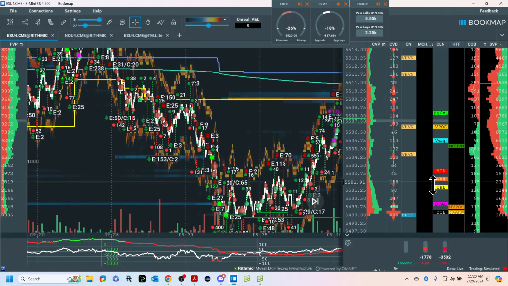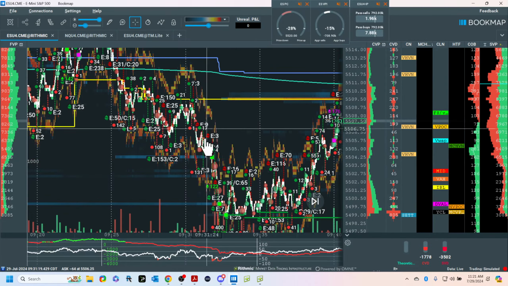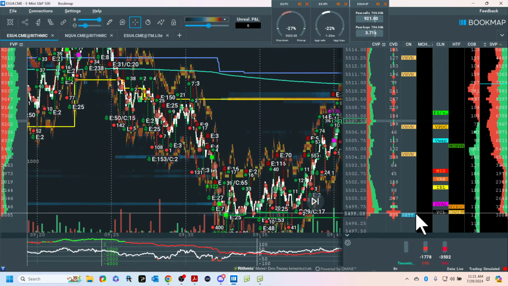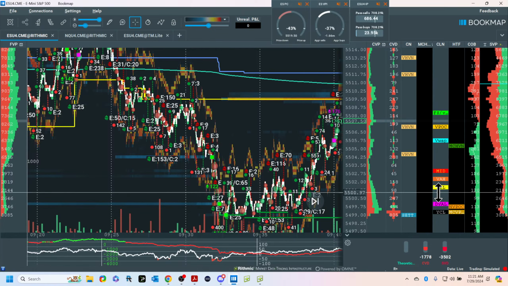Now, here's what's interesting. 67% probability to get there at 9:30, which we did, I think. Hold on. No, that's wrong. IB low, 58% probability. And 69% probability to get here. So these are high value targets. This is the first hour.